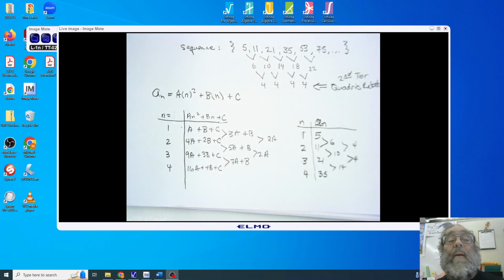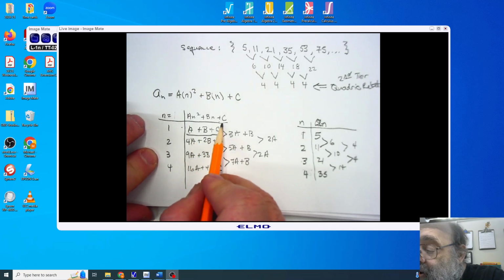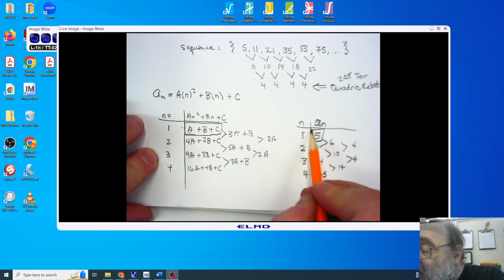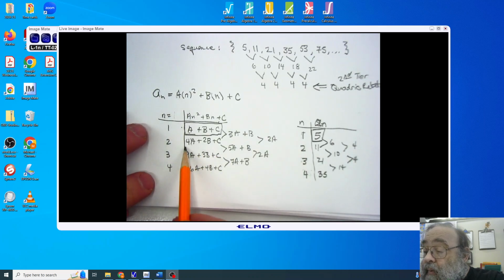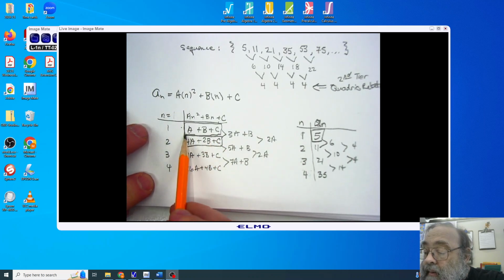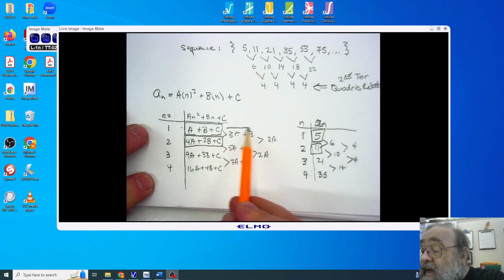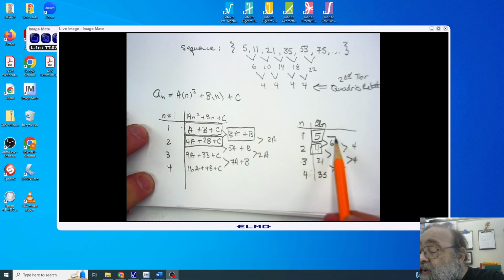Now here's the key. This value right here, that is the first value in our sequence, is paired with the first value here in our sequence. The second right here gave us this value. That means that this relationship gives me 6.